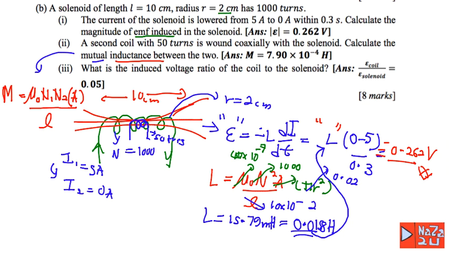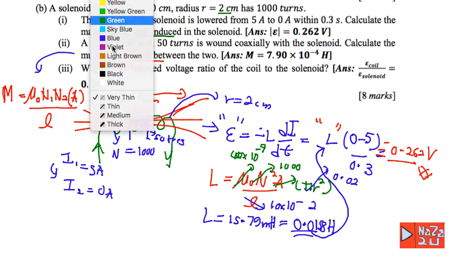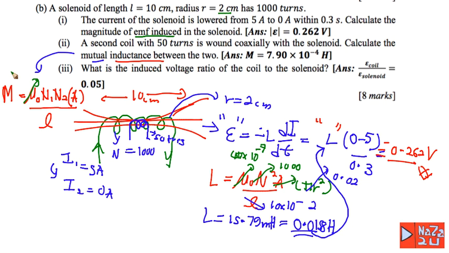Now put the values in the formula. Mu naught, as you know, is the constant 4 pi times 10 exponent minus 7, and N1 refers to solenoid 1, whose number of turns is given as 1000. N2 is the number of turns of the second coil, which is 50.